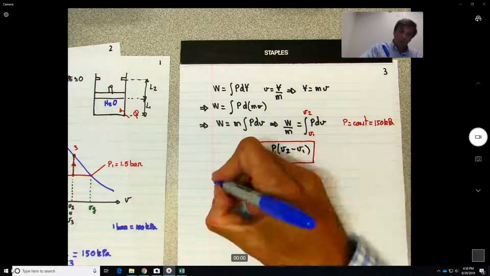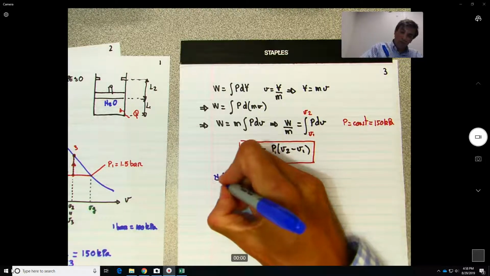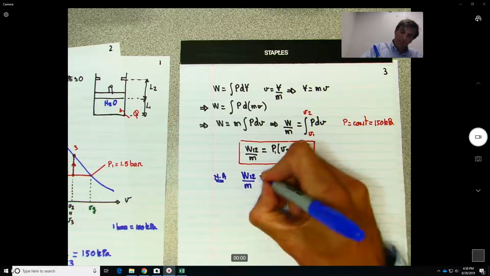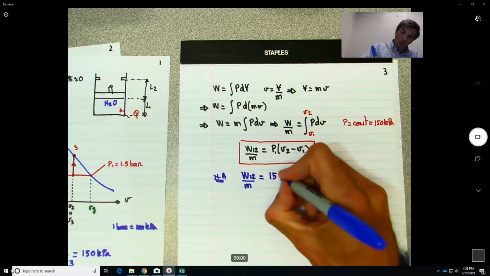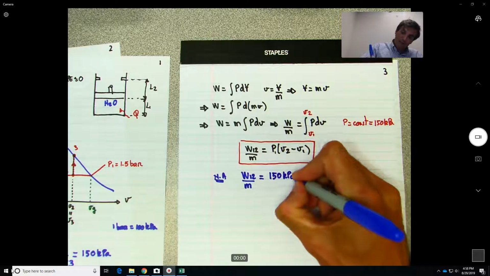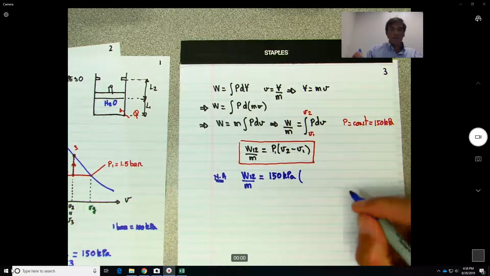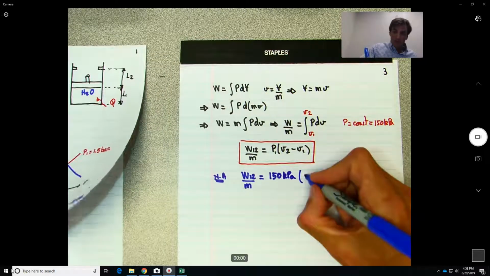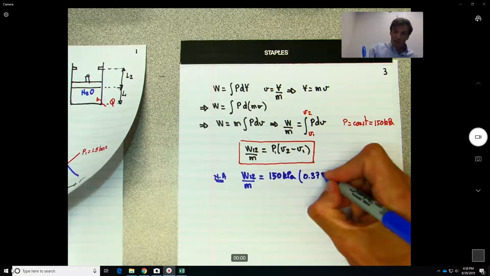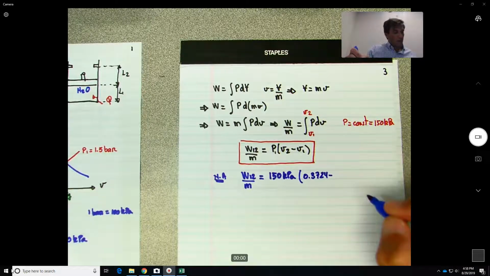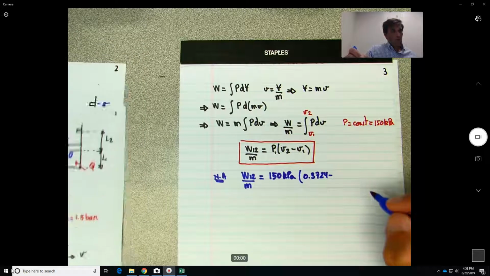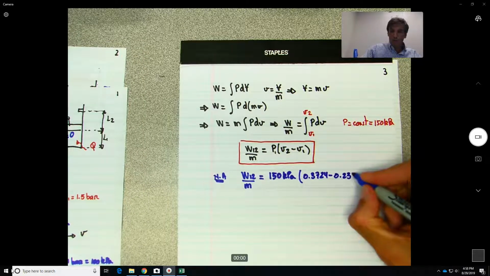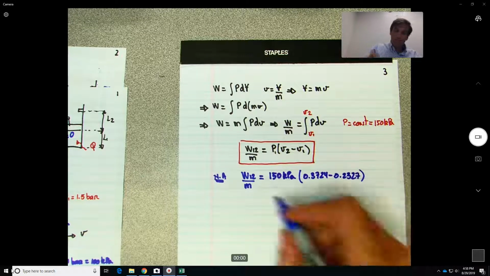If we do the numerical application, work 1,2 over mass equals 150 kilopascals times V2, which we found to be 0.3724, minus V1, which was 0.2327.